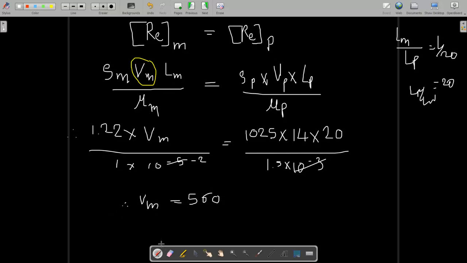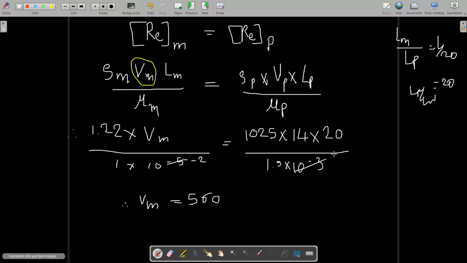Okay, not 560, sorry, it's my mistake. Actually it is 1025 multiplied by 14 multiplied by 20 divided by 100 divided by 1.22 divided by 1.5.